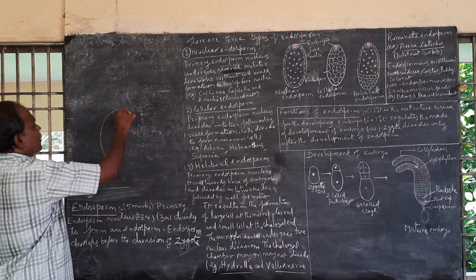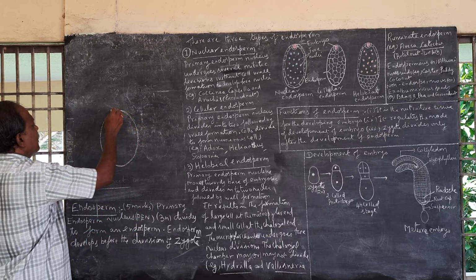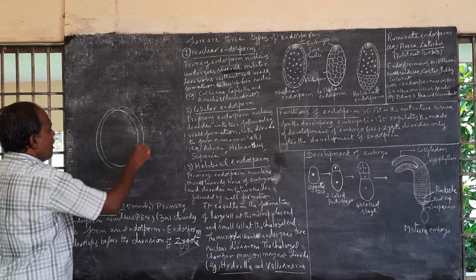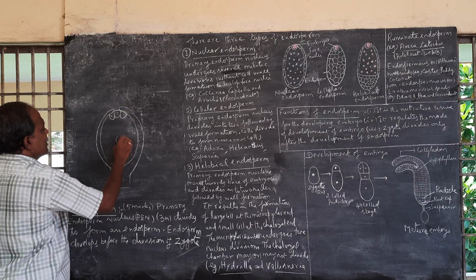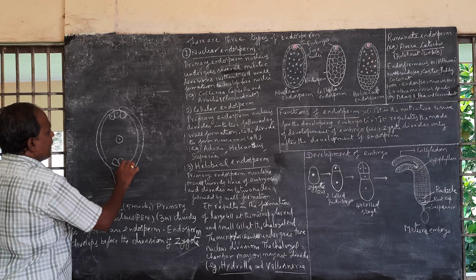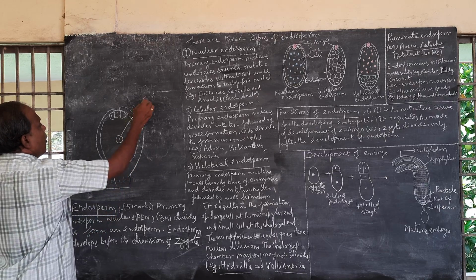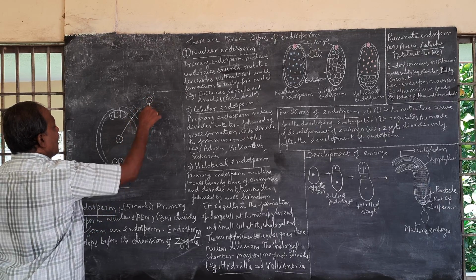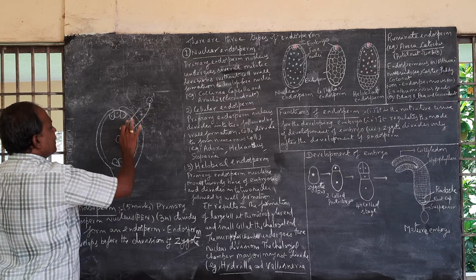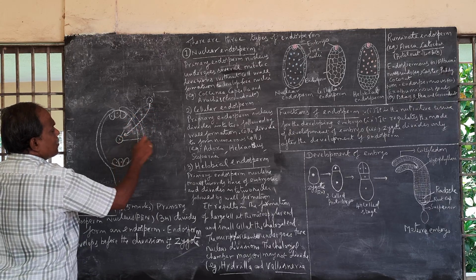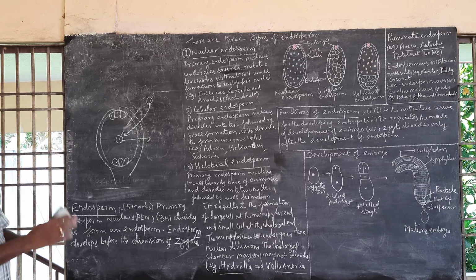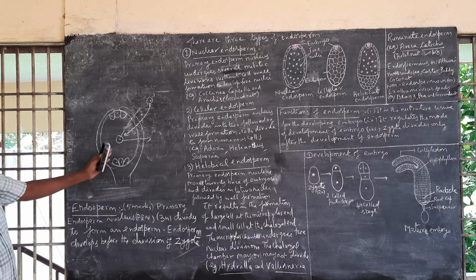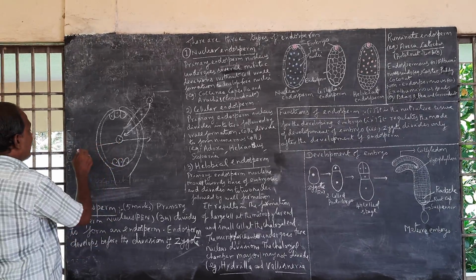In the ovule, the structure of the ovule, integument. Here you get the egg apparatus, secondary nucleus, antipodals. So the male gamete fertilizes the secondary nucleus to form the primary endosperm nucleus. This one is the secondary nucleus.